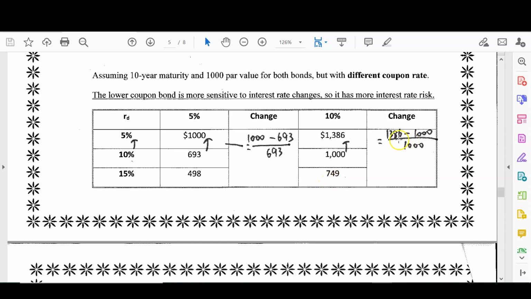Again, we can calculate the percentage change using the price after change, 1386 minus the original price 1,000, divided by 1,000. We can compare the changes, and we find that the lower coupon bond, the 5% coupon bond, actually has a bigger change. So the 5% coupon bond is more sensitive to interest rate change and has a higher price risk or interest rate risk.